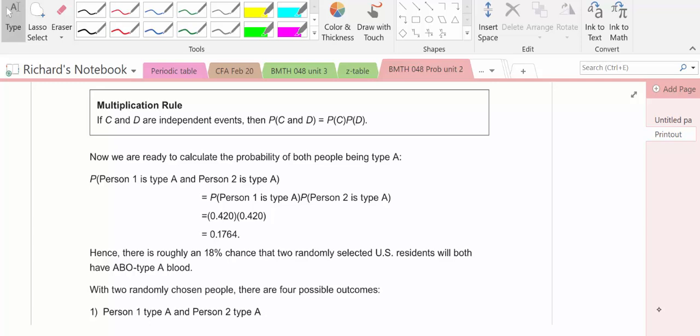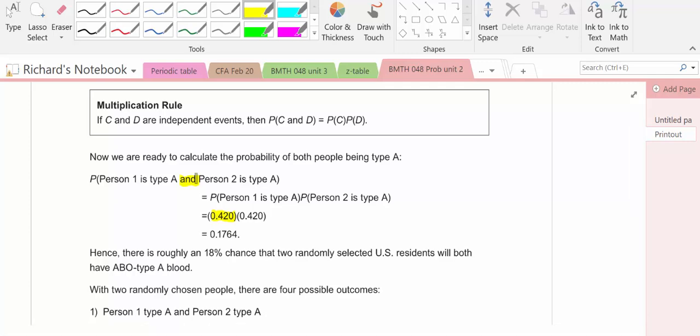Well, in a previous example, we found that the probability of someone having type A blood is 0.420. So we want to find out if person 1 and person 2 are type A blood. The keyword here is "and." When you're dealing with the keyword "and," you multiply the probabilities.